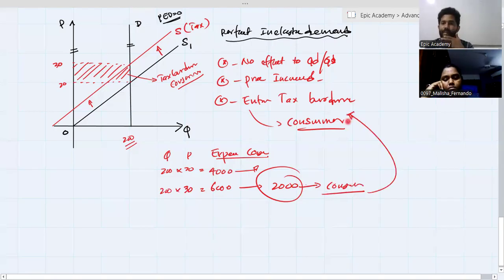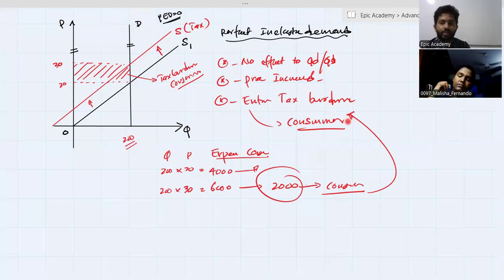So then there is no negative impact for the producer. The producer can earn more and more money because of the price increase. Already we know that if there is a price increase, quantity demanded reduces. But here there is nothing like that.